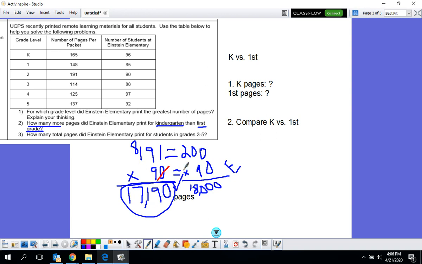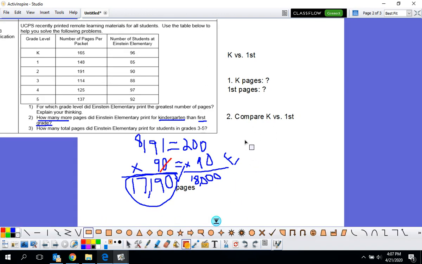Now, if you're still not good with standard algorithm, you can use your area model. It may take me a minute to get this. Let's do the squares. That makes it a little bit better.